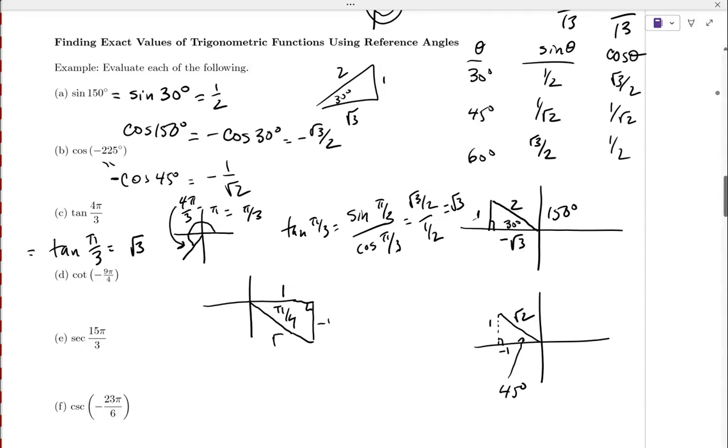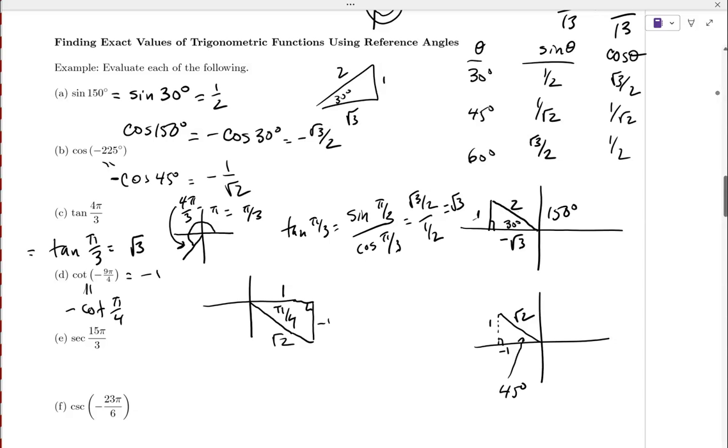Negative 1, and then root 2. And if you want cotangent, what would you do? Yeah, take the reciprocal of tangent. Tangent is opposite over adjacent, so we do adjacent over opposite, which gives us negative 1. This is going to be the negative of cotangent of pi over 4.